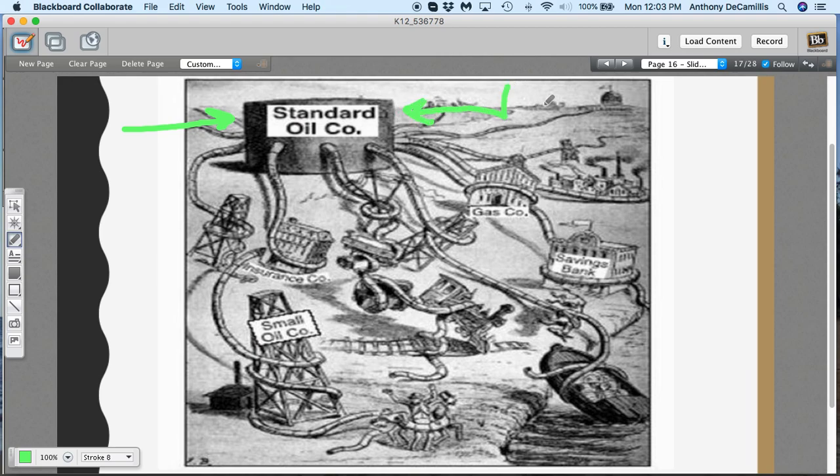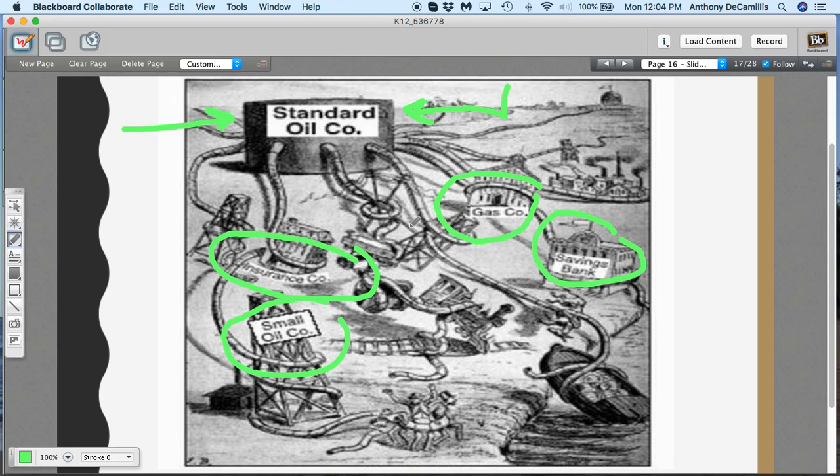Biggest example historically is Standard Oil, because not only do they dominate the entire oil industry, but they dominate and buy up other industries, like ones that aren't even really all that connected to Standard Oil. And so you have these octopus-like arms reaching out and grabbing on to American industries and economies throughout the country, like gas companies, banks and finance, small oil companies, insurance companies, things that aren't even necessarily as related.